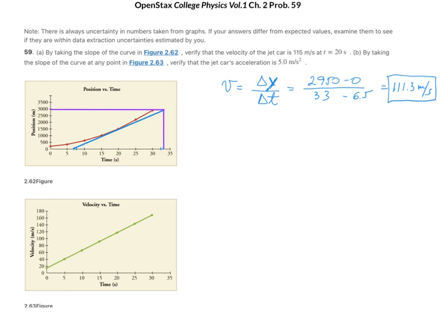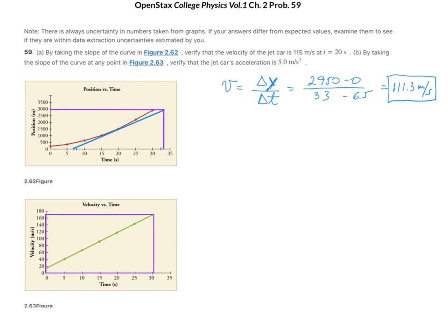Now, in part B, we want to take the slope of this curve to find the acceleration. This curve is velocity versus time. Velocity is on the y-axis, time is on the x-axis. And again, I think I'll try to draw my rectangle from the very beginning to see if we can get this as good as possible.